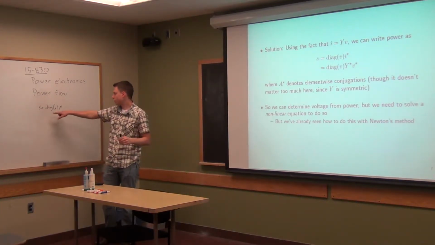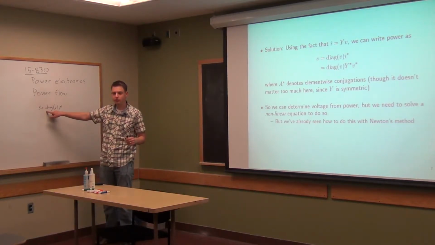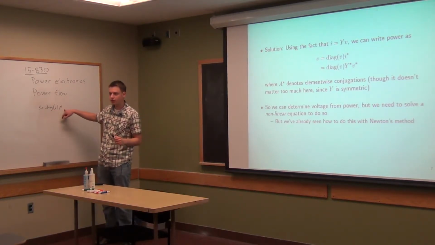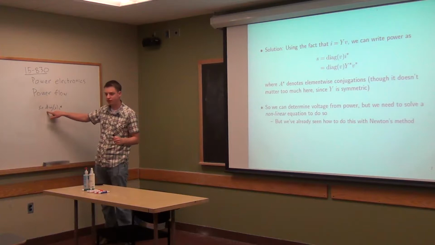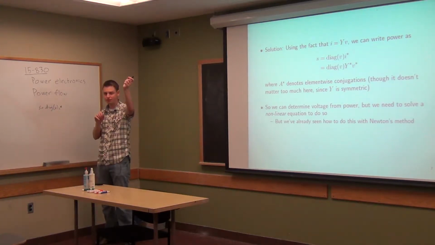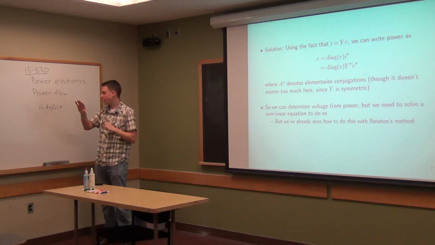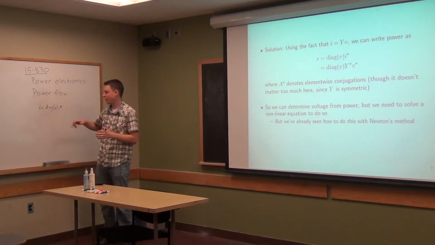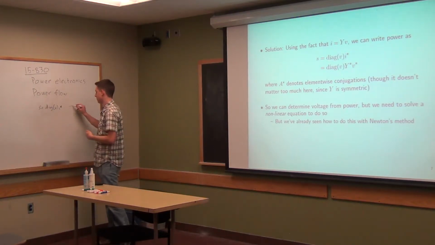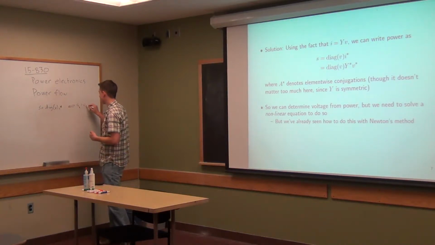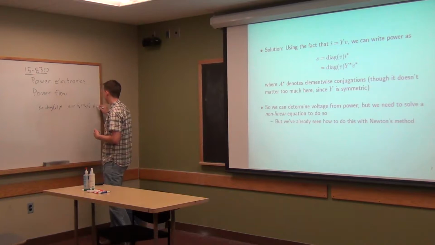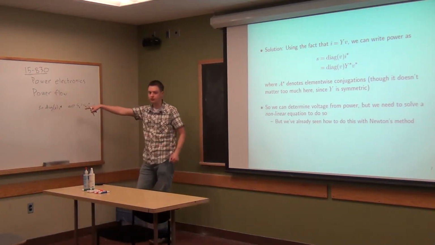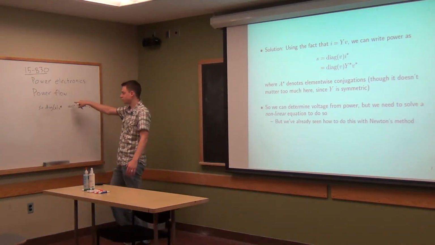The important part here is that a diagonal matrix times a vector will multiply the corresponding diagonal element of that matrix times the vector. And so this is the same as saying Sk equals Vk Ik conjugate for all k. It's just notational. You're just transforming this to matrix notation.